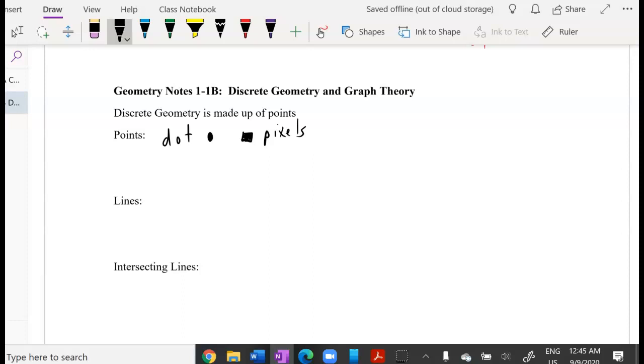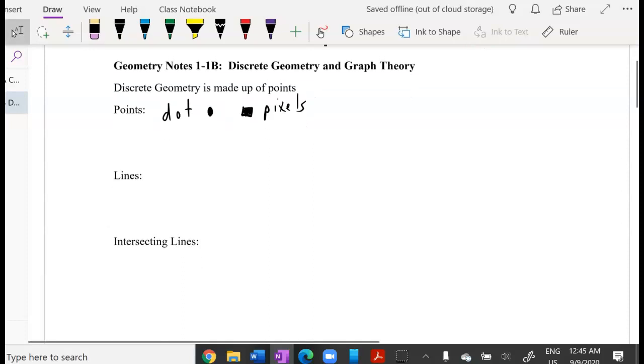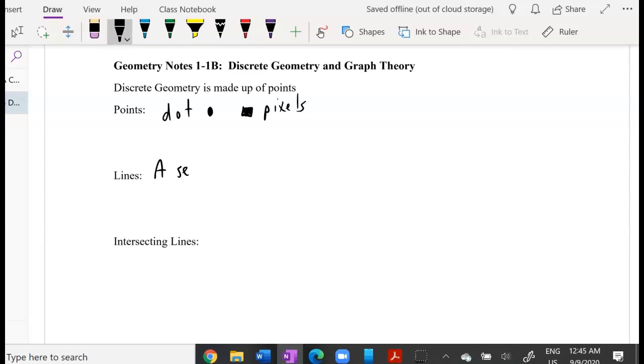Okay, so a line is just a set of dots in a row, or a set of points in a row. You can have a horizontal line, which looks something like this.